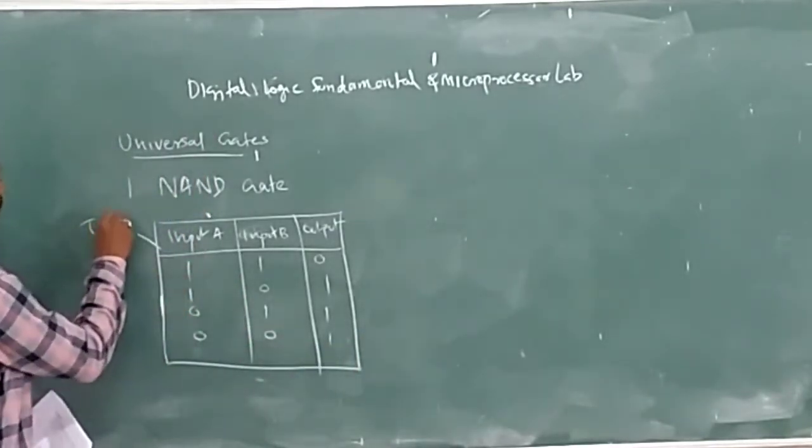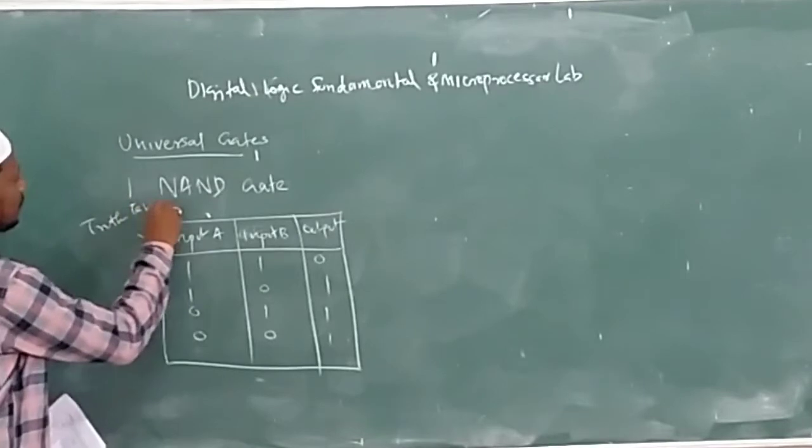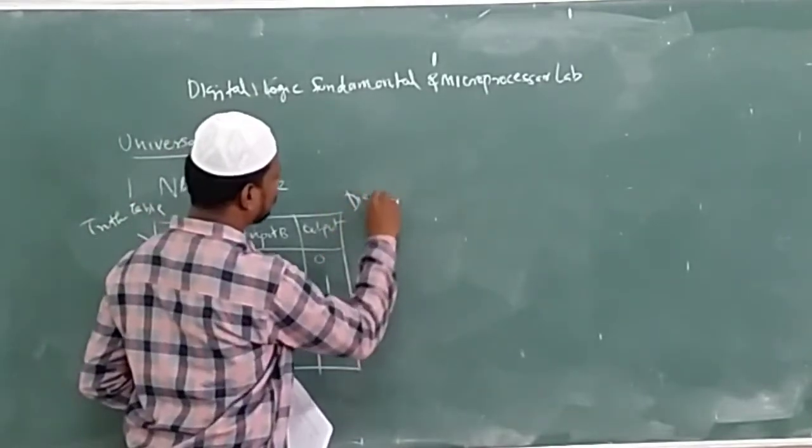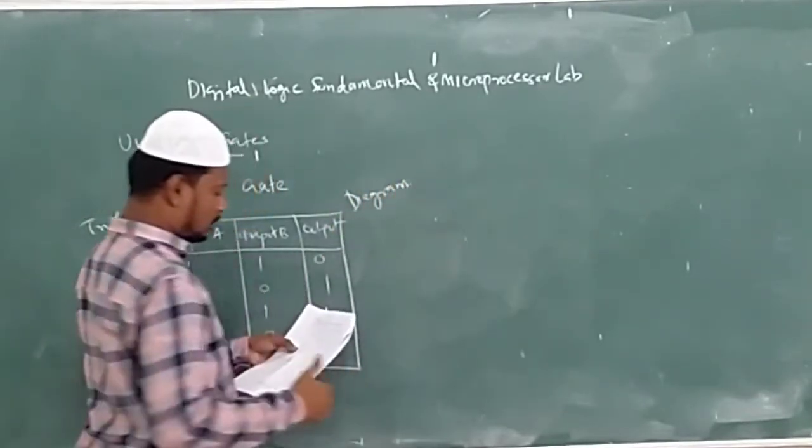So, this is the truth table, and again the diagram. What is the diagram?